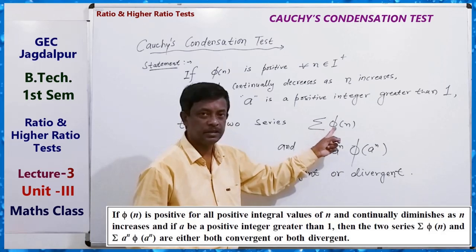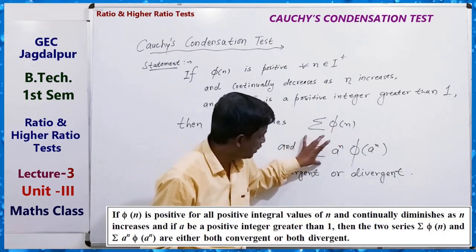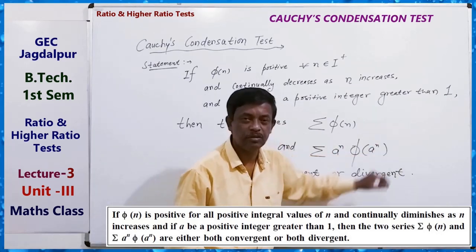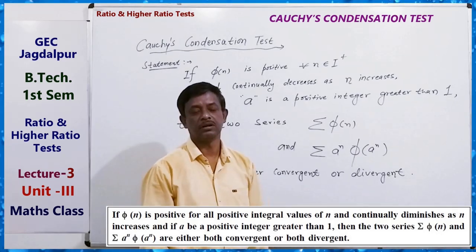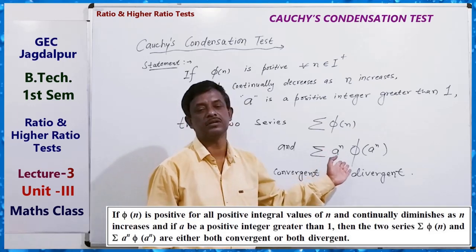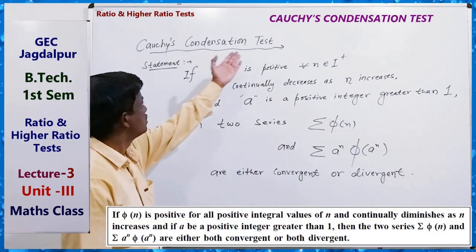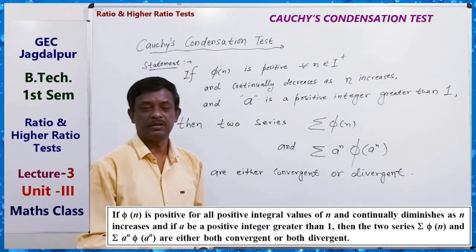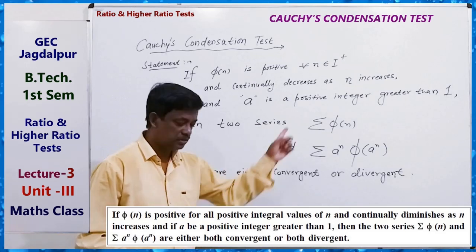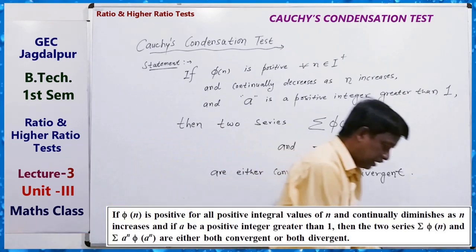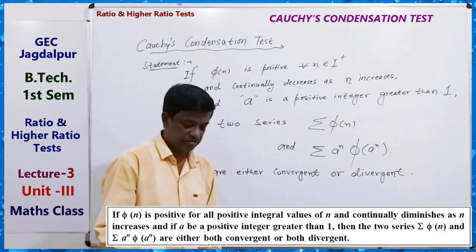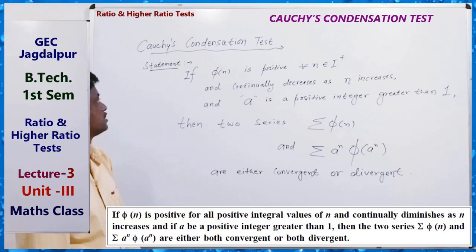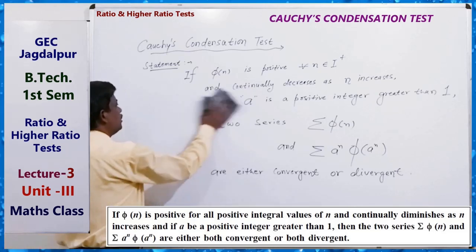If this is decreasing, and we can easily determine the convergence or divergence of this series, then we can say that the original is also convergent or divergent according as this is convergent or divergent. So this is Cauchy's condensation test. For this test you can solve questions also. I will give one practice question for this test. Okay.